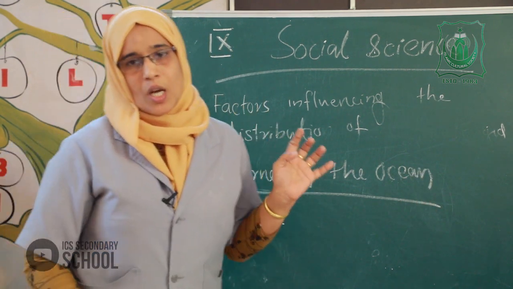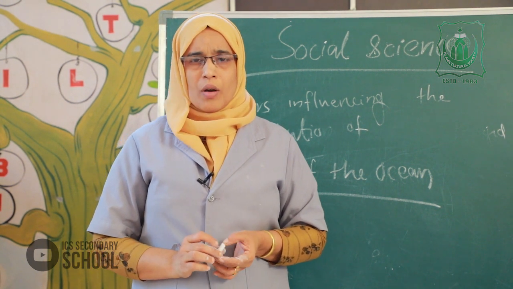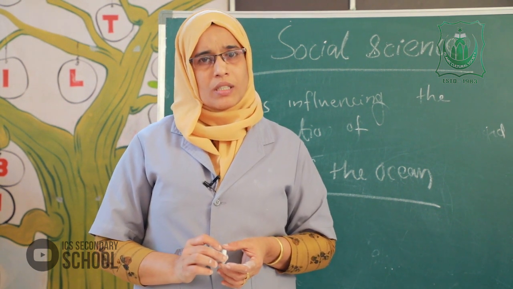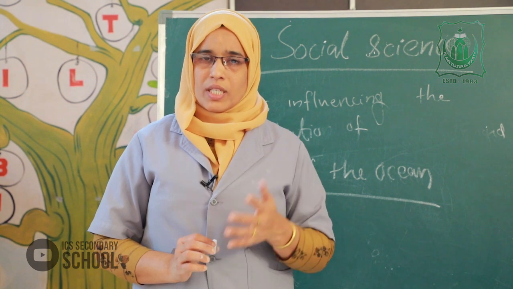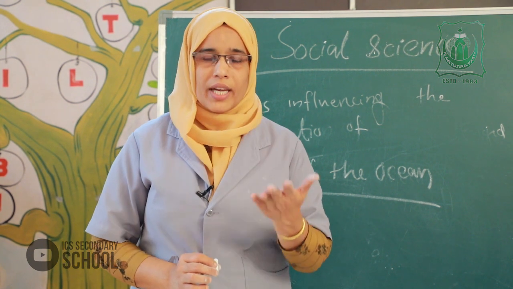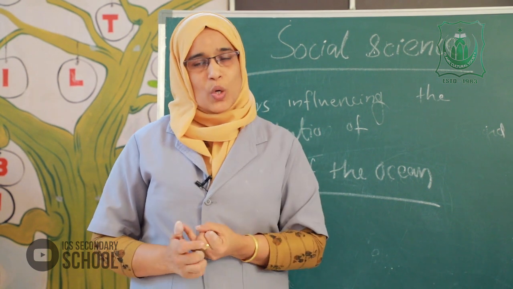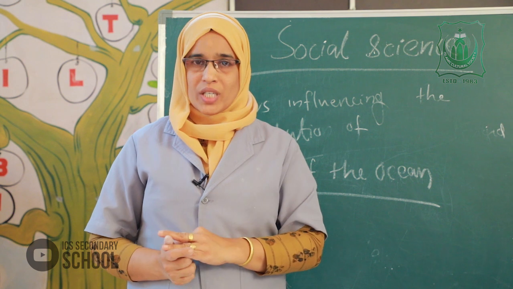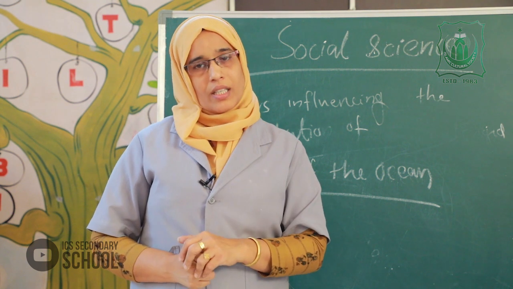How many oceans are there in the world? Biggest ocean in the world? Pacific Ocean, Atlantic Ocean, Arctic Ocean, Indian Ocean and Southern Ocean.